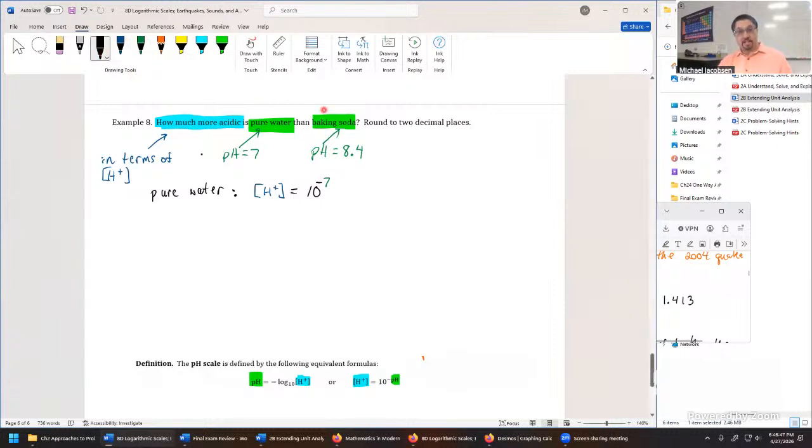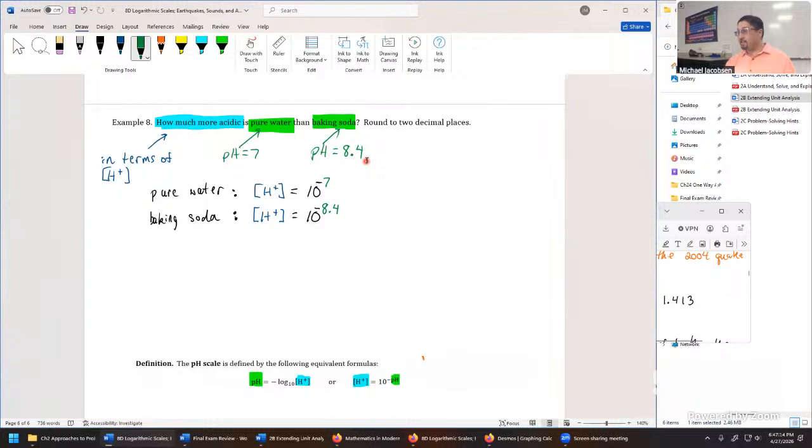Then do the same thing with the next quantity for baking soda. The hydrogen proton ion concentration is going to be 10 to the power of negative, never forget the negative sign, put in the pH, 8.4.